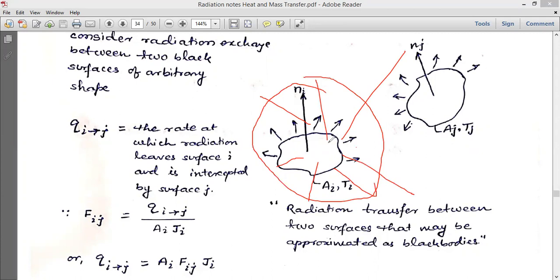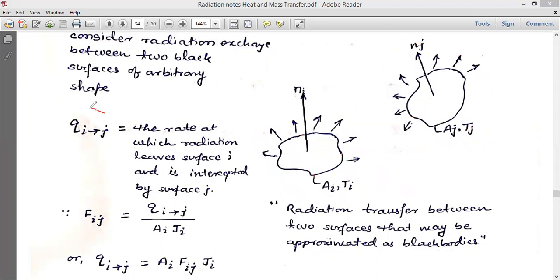Part of that radiation will be intercepted by another surface j, which is randomly oriented with respect to surface i. So we need to determine the rate of radiation which is leaving surface i and reaching, or intercepted by, surface j. Let us denote it as Qij. That means radiation is coming out of i and reaching surface j.